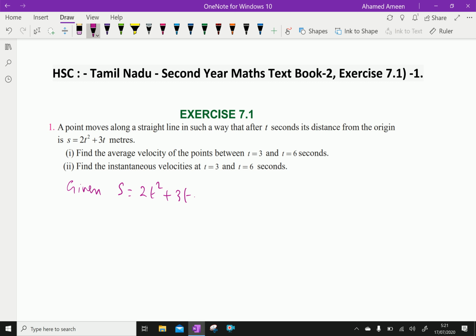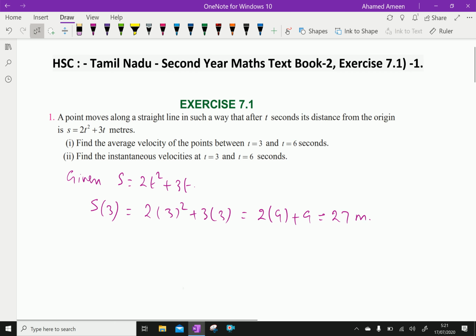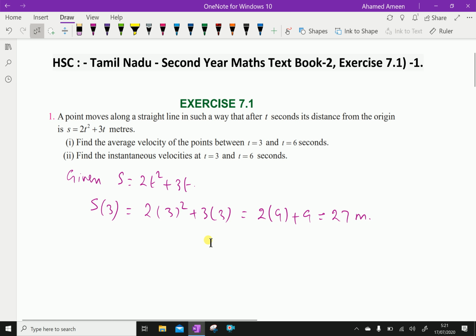Now, distance covered at 3 seconds, you have to substitute the value of t as 3 here: 2 into 3 square plus 3 into 3, which is equal to 2 into 9 plus 3 into 3 is 9. 18 plus 9 is 27 meters.